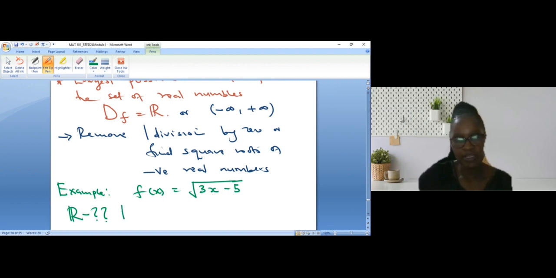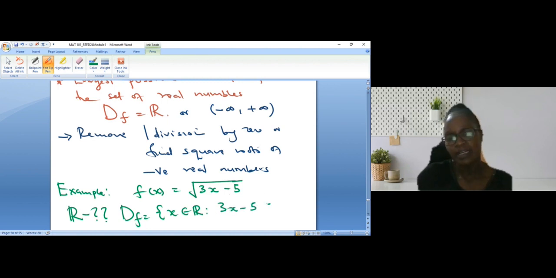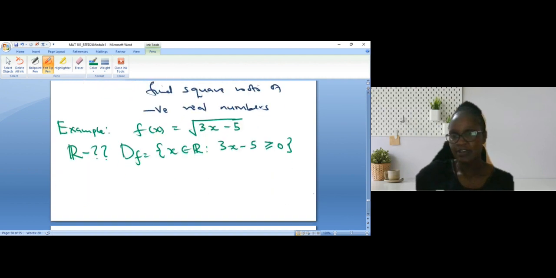So the domain would be the set of real numbers such that 3x minus 5 is not less than 0. In other words, points at which 3x minus 5 is greater than or equal to 0. Otherwise, if it's less than 0, then the function is undefined.